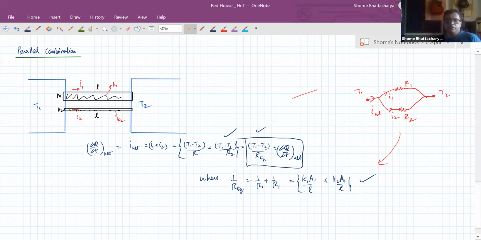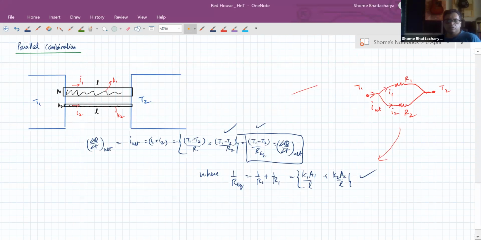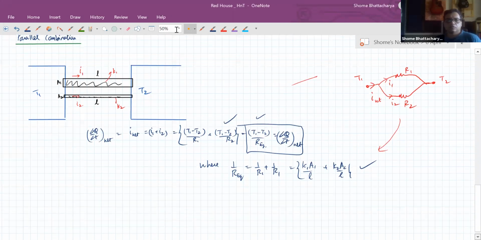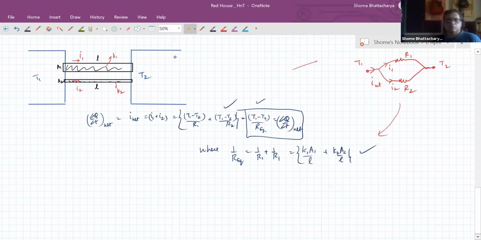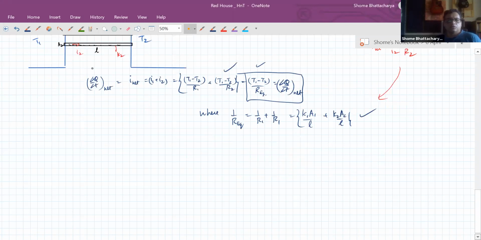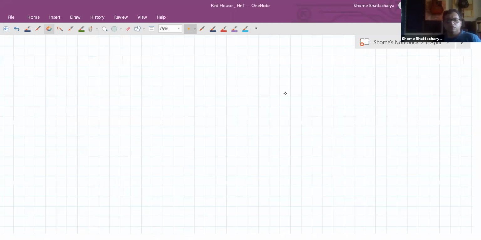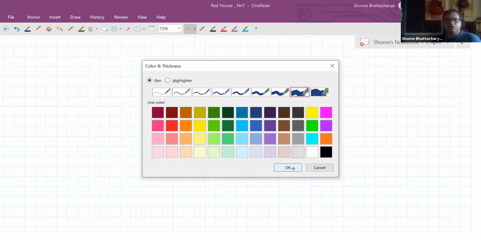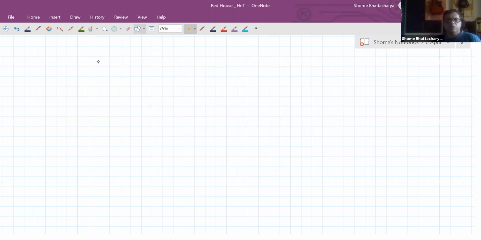Okay, so let's look at a typical example question next. So we now have an entire network of resistors or thermal resistors, let's say like this.